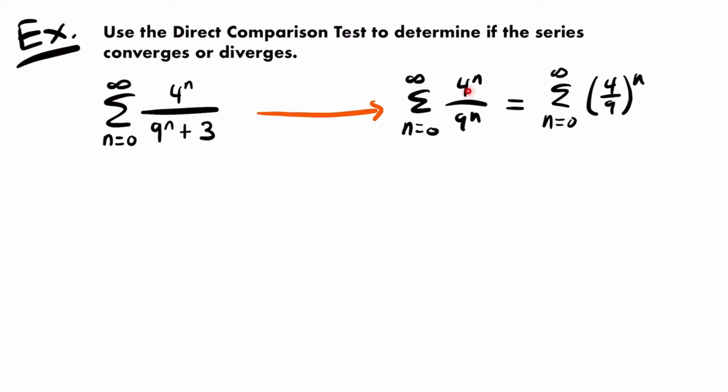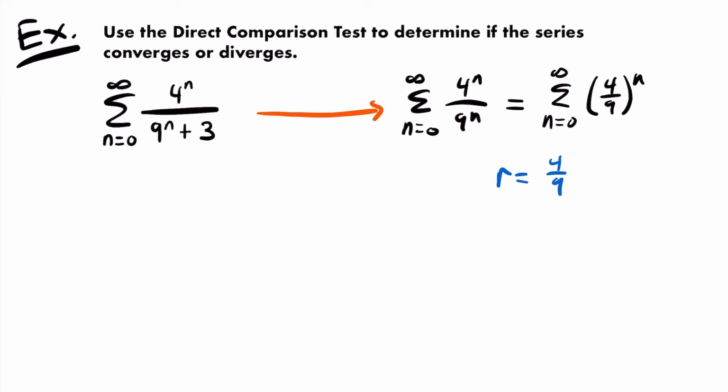Right, since the numerator and denominator are both raised to the power of n, we can just take that whole fraction to the power of n. And this is a geometric series whose convergence we can determine. We have a value raised to a power of n, and that value is known as the common ratio r, and so r is equal to 4/9.